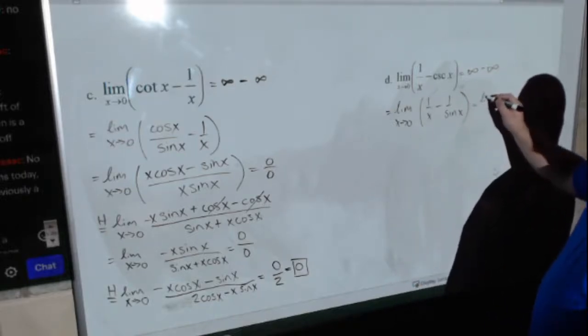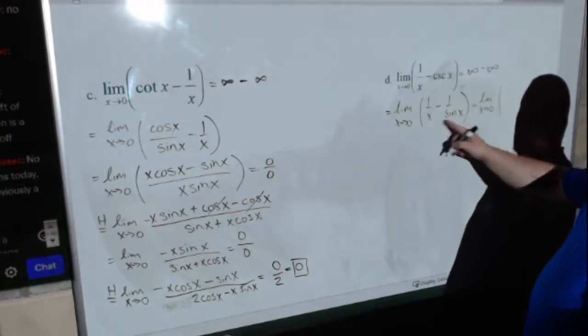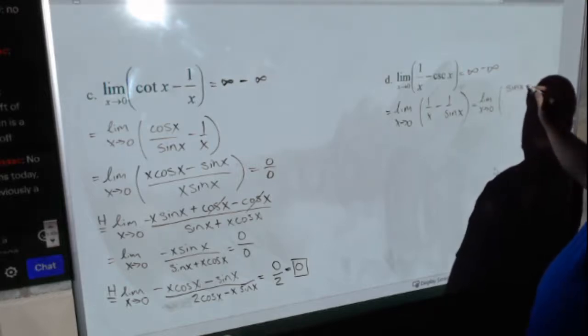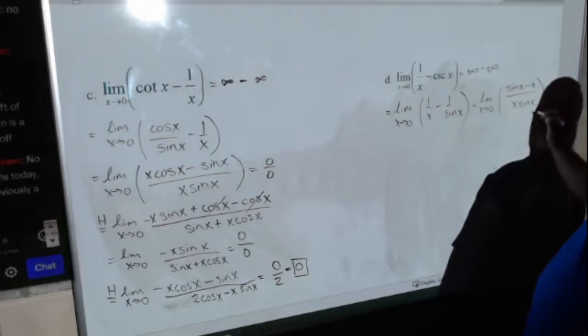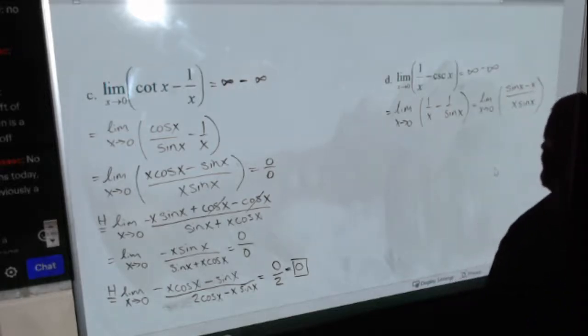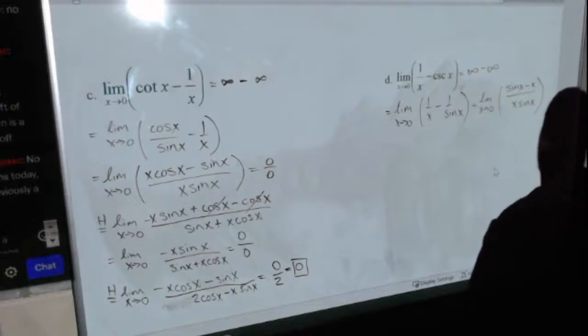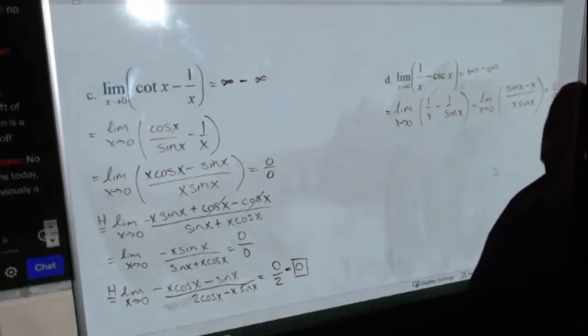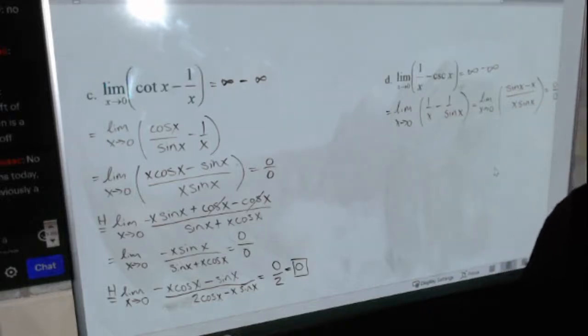Then simplify by putting the two together. Plug in the 0. Turns out we get 0 over 0 again.